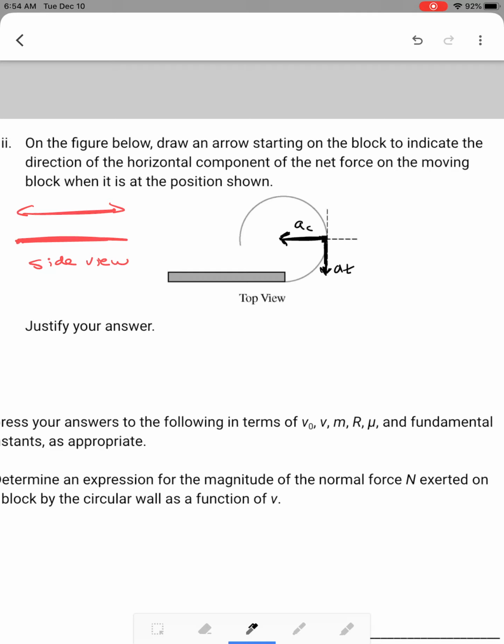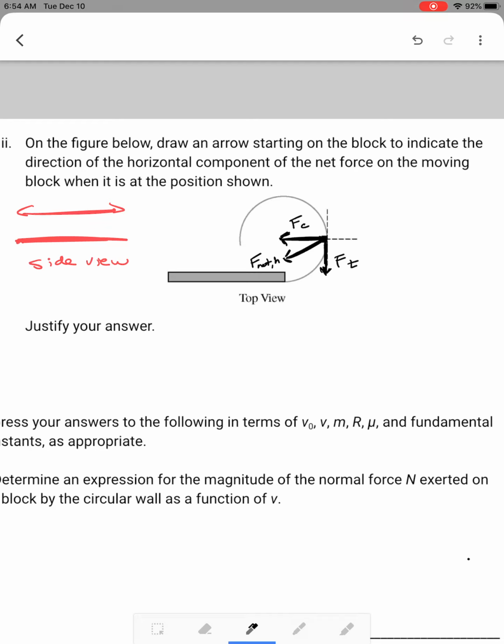The summation of those 2 accelerations gives me a total acceleration in this direction, which can also be rewritten as my net force. So I've got a force in the radial direction and a force in the tangential direction, which means my net force in the horizontal direction is pointed in that direction.